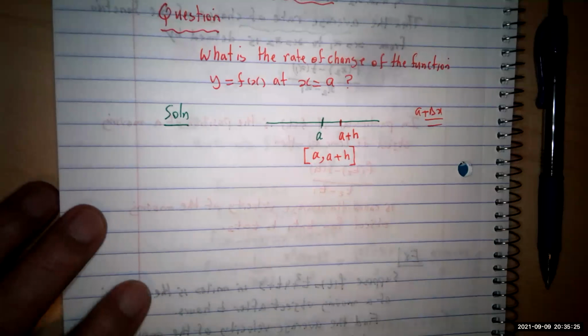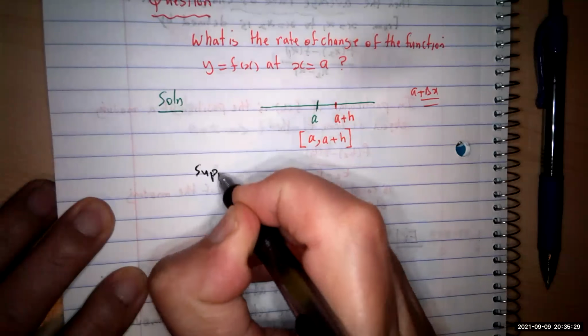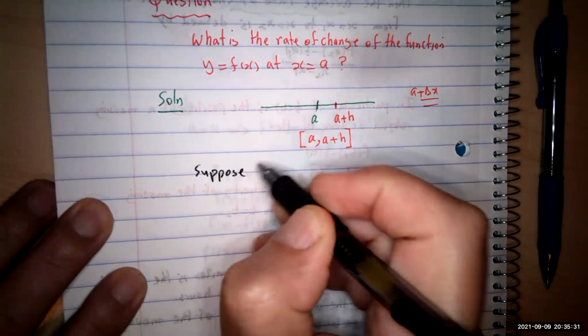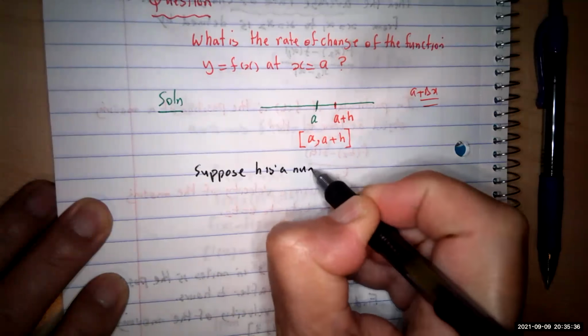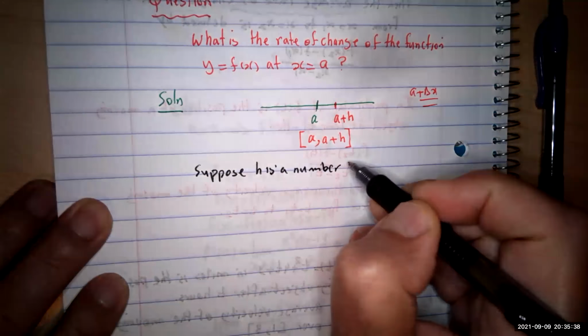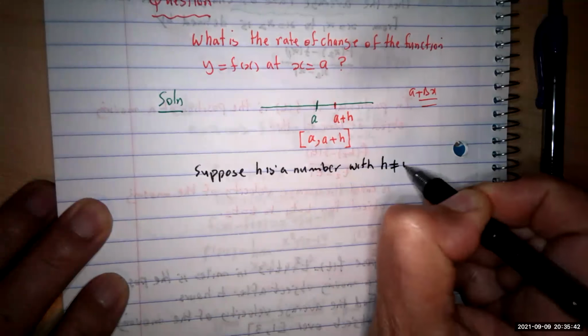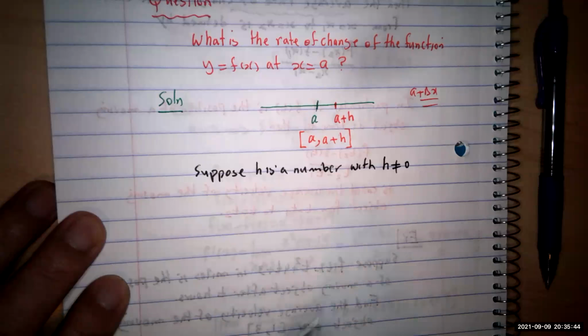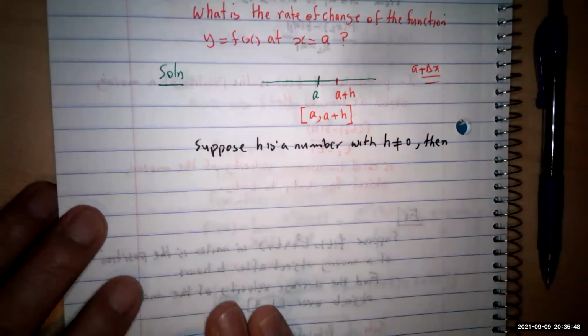Let's write it down. Suppose h is a number, close to 0 but h not equal to 0, of course. If this is the case, then we are going to have the average rate of change, or the velocity.